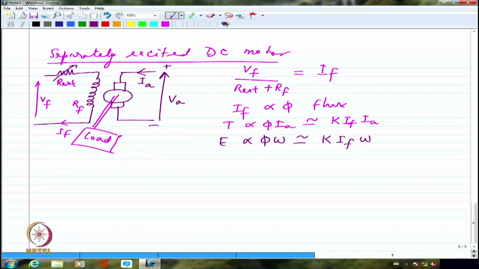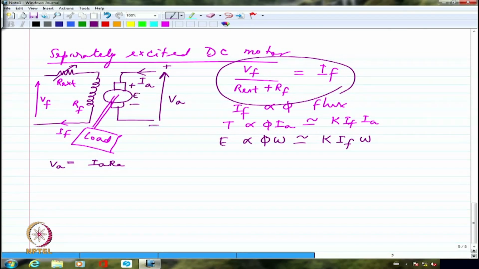Let me now try to write the electrical equations. These are some of the equations we already knew. We wrote one of the electrical equations already. Now I should be able to say VA equal to clearly IA times RA, but I will definitely have a back EMF induced whether I like it or not, and back EMF, by virtue of following Lenz's law, has to definitely oppose whatever is the original voltage.